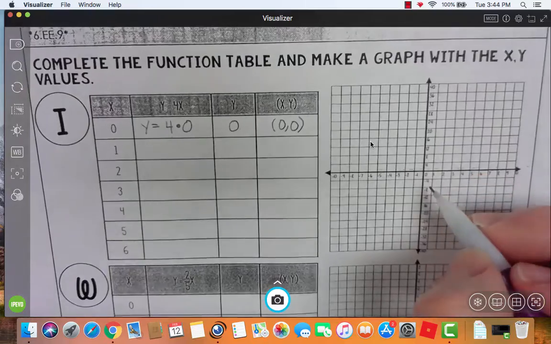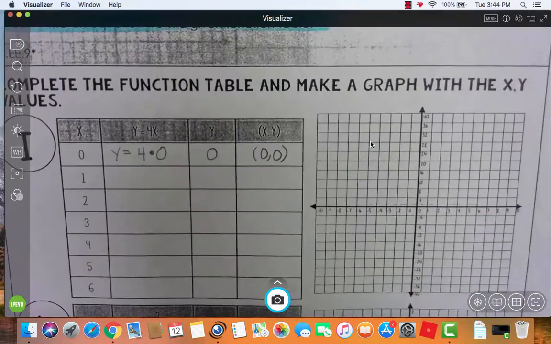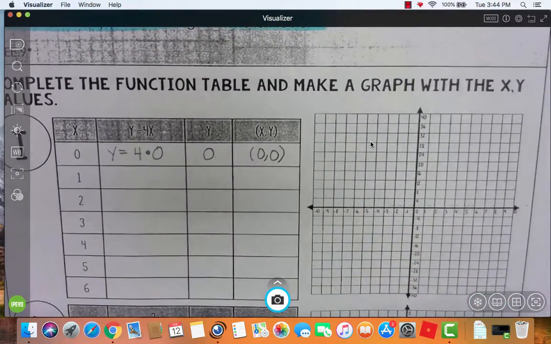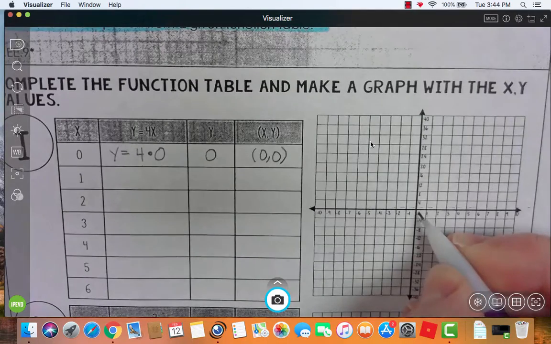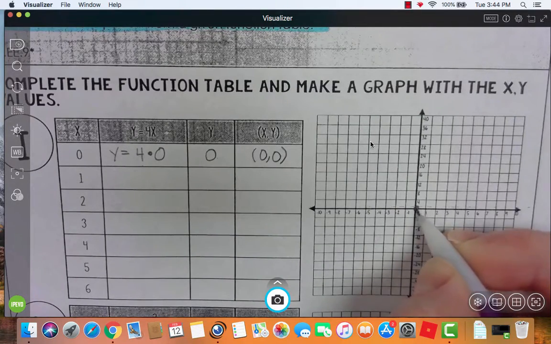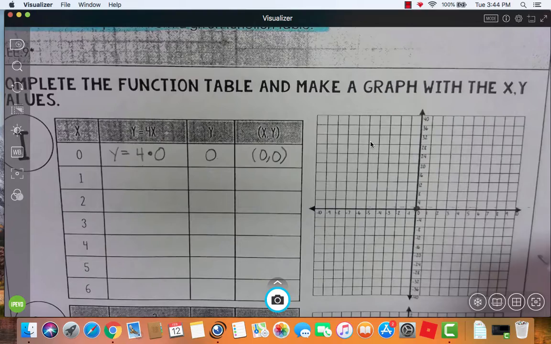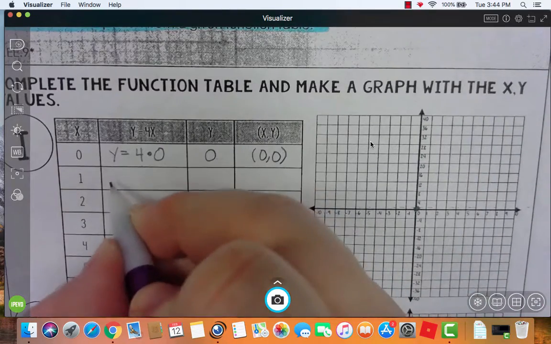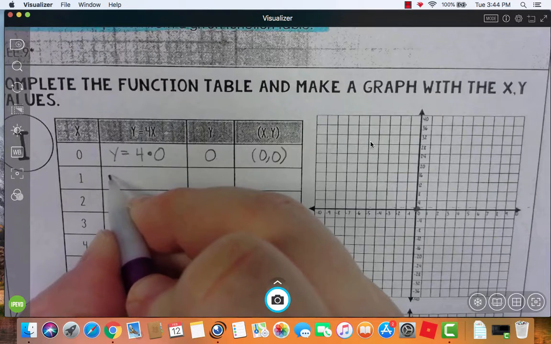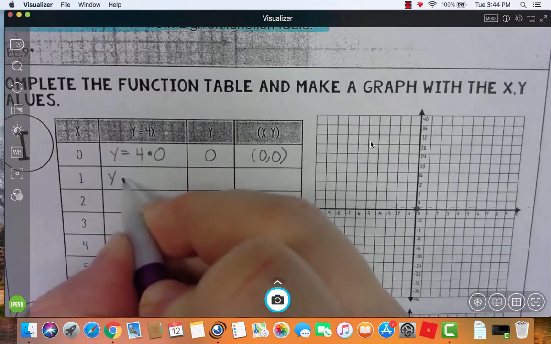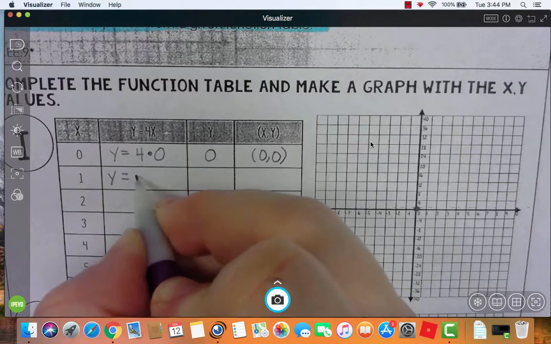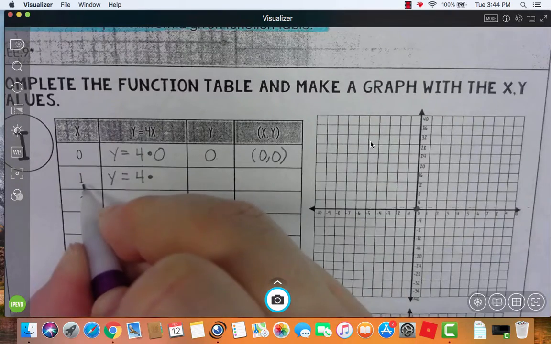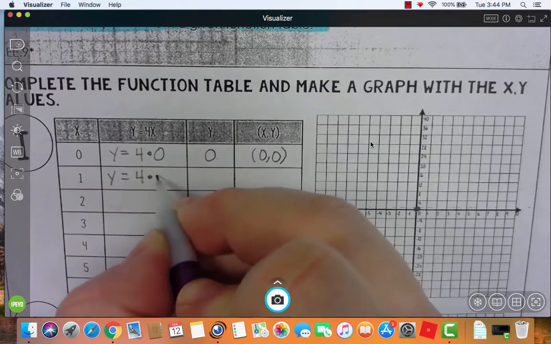Then I'm going to go over here to my coordinate plane, and I'm going to graph the ordered pair 0, 0, which is also my origin, which we did in our coordinate plane unit. That's my origin. I'm going to go right back over here, rewrite my equation, y equals 4 times, this time my input, my x is 1.